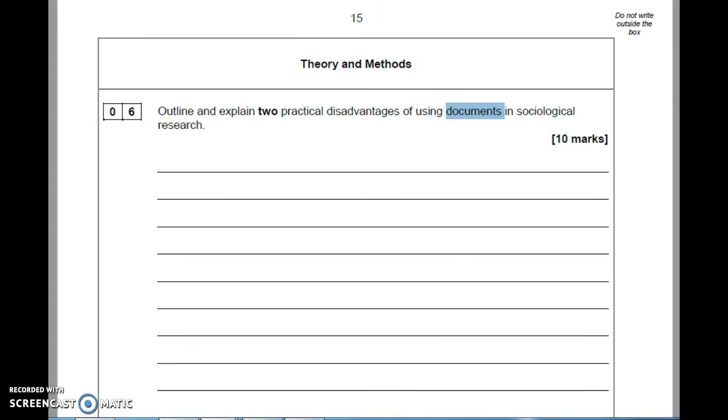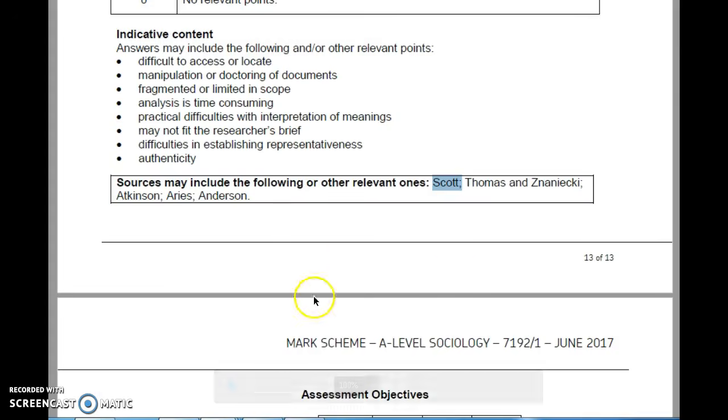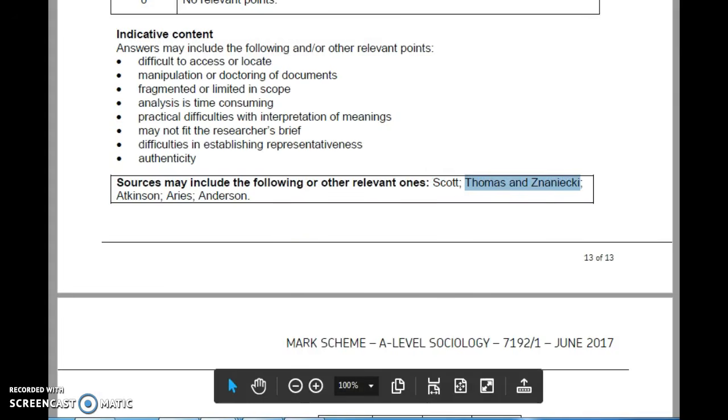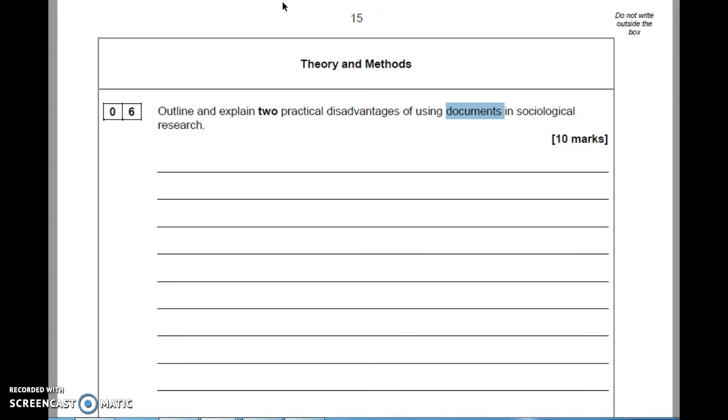If you want to give an example of sociological research that uses documents on the mark scheme, you've got Thomas and Znaniecki. There he is. Okay, so Thomas and Znaniecki looked at letters, and what they did was they advertised for letters in a newspaper, and so they basically paid for them. So again, you've got a problem there of having to pay for the letters.